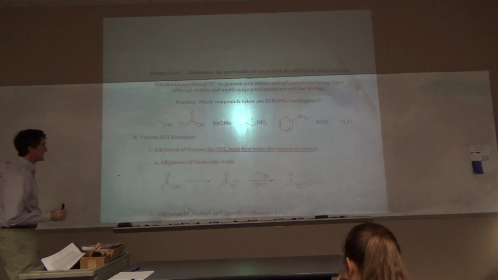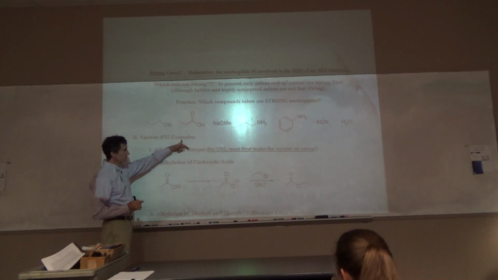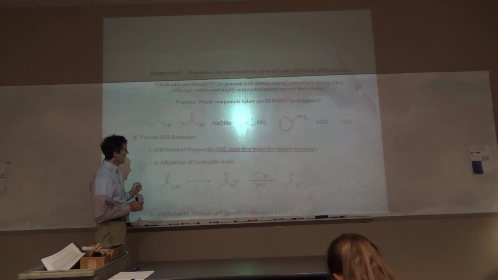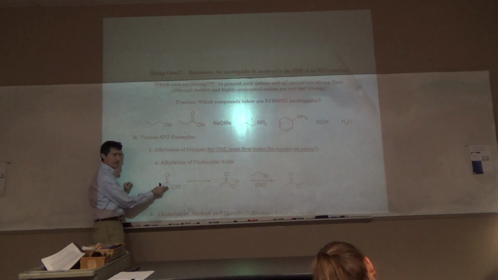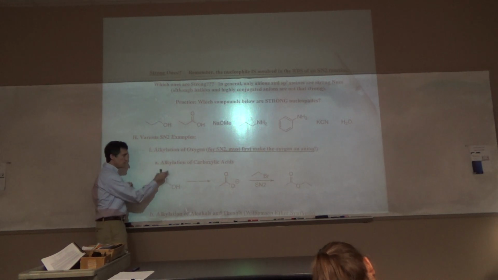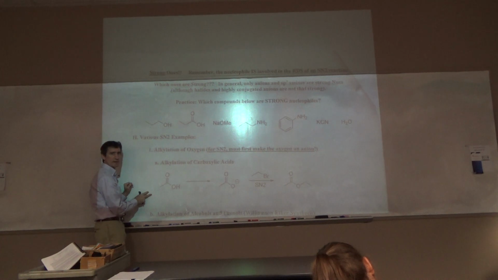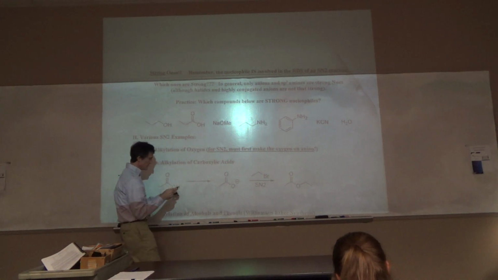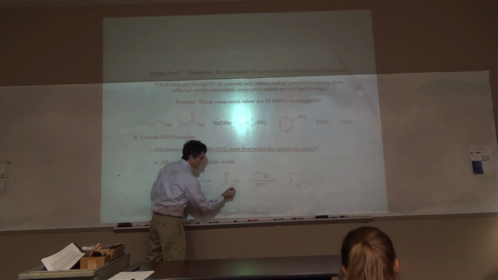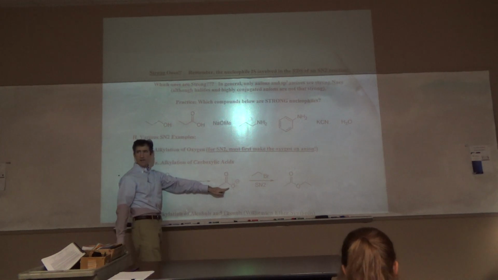Okay, examples here. First, alkylation of oxygen. The first example would be alkylation of carboxylic acids. This is the carboxylic acid here. Is that a good nucleophile for SN2? No, weak, bad nucleophile. But we can turn this into a good nucleophile. We can deprotonate it, turn it into the anion. This is now a good nucleophile.